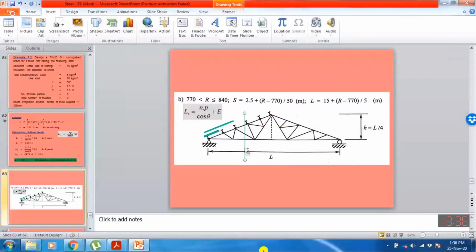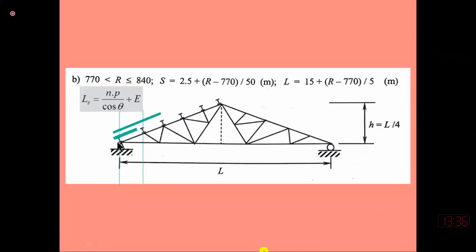We need to consider this horizontal distance between this panel and this panel, from here to here, because load is acting in the downward gravity direction. If the load is acting perpendicular to the surface, then we need to consider this inclined line.